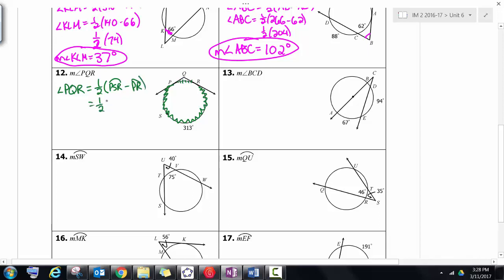So that's 1/2 of 313 minus, and again, we don't know what that is, but we know 360 minus 313 is going to be what's left in the circle. That's 47 degrees. So 1/2 of 313 minus 47, 266, and cut that in half, 133 degrees for the measurement of angle PQR.